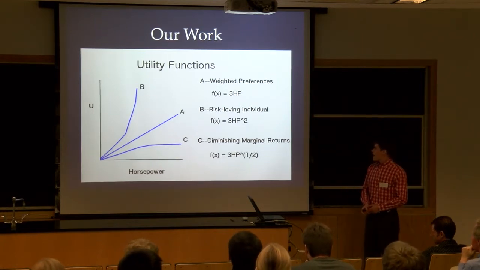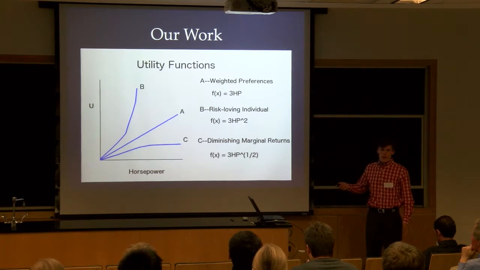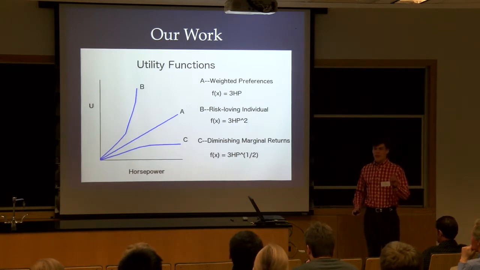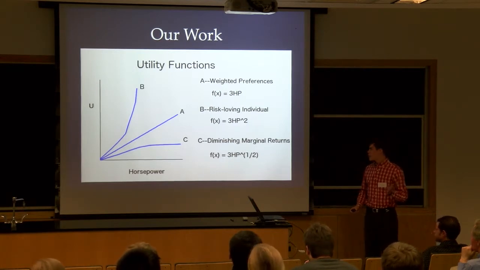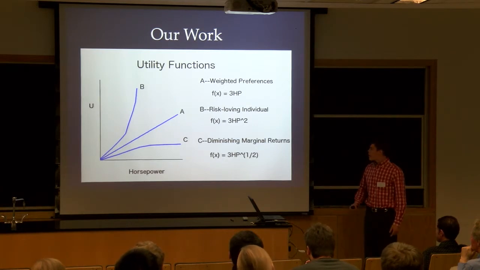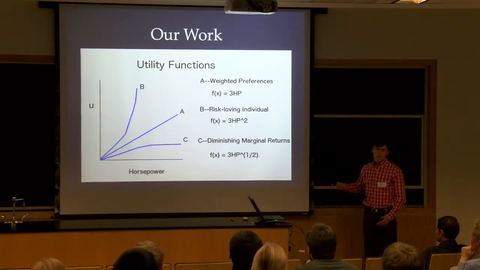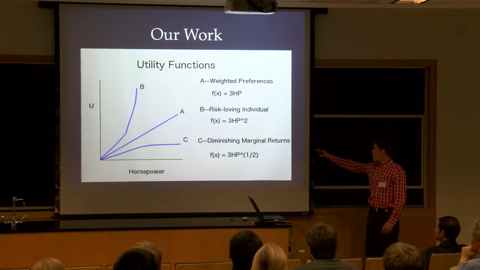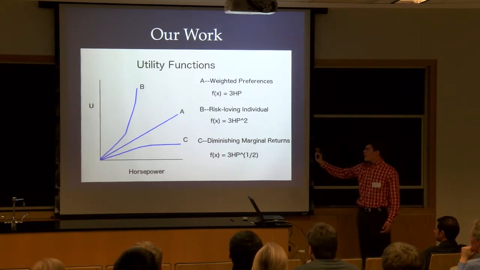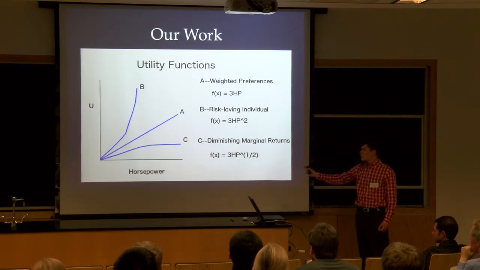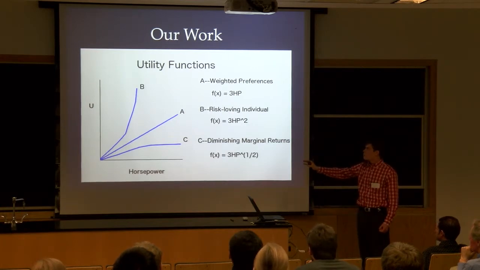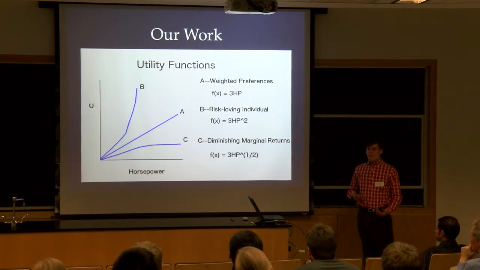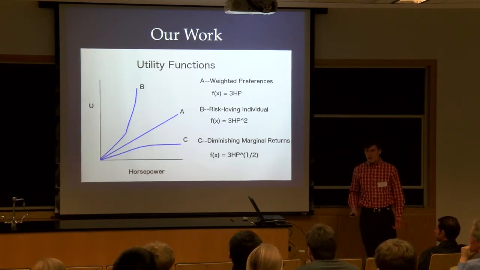Now, the line A, for example, is simple weighted preferences. In this case, if we only have one attribute that we're looking at, horsepower, then the utility function might be 3 times the horsepower. Pretty straightforward. But then if we have a user whose utility function is modeled by B, this is a convex function because they're what's known as a risk-loving individual.